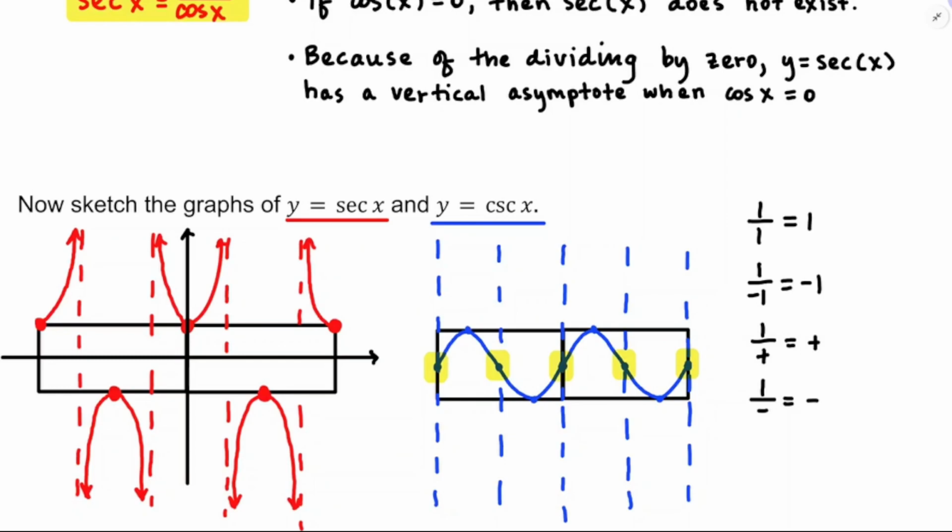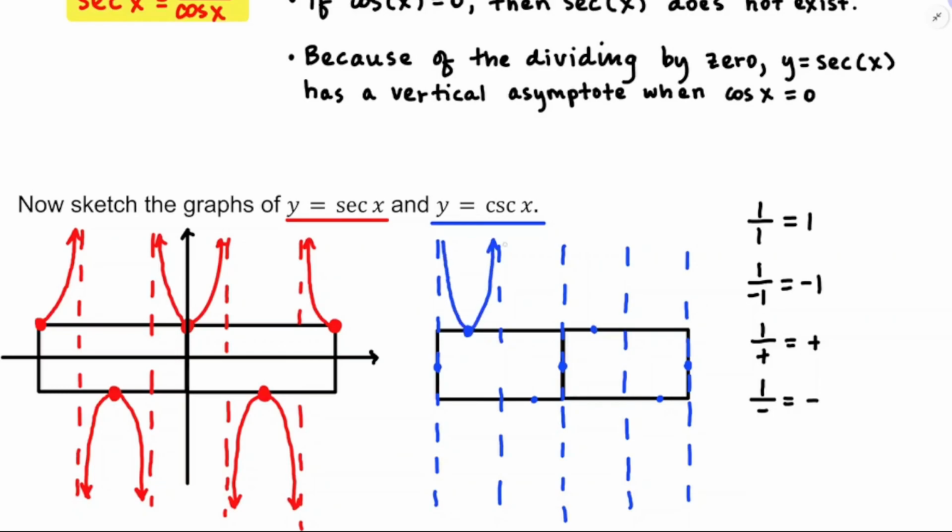Okay, for cosecant, I'm going to do the same thing, clear out most of the graph of sine. You don't really need these middle points as much. I do care about the extremes. Okay, yeah, that'll be fine. And the extremes are shared points on the graph of y equals sine x and y equals cosecant x.